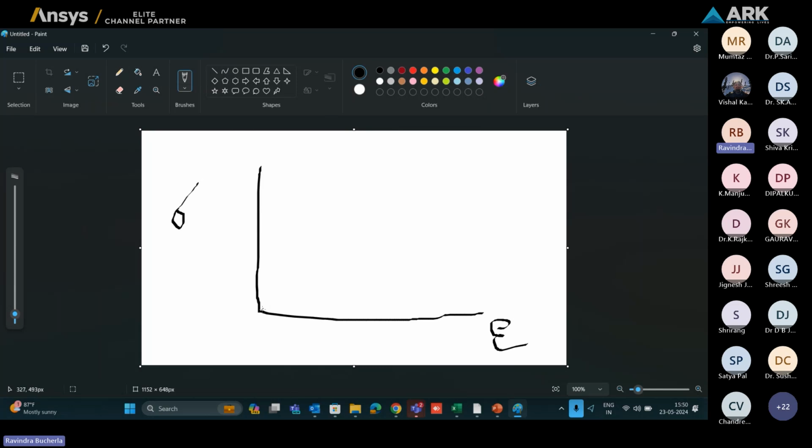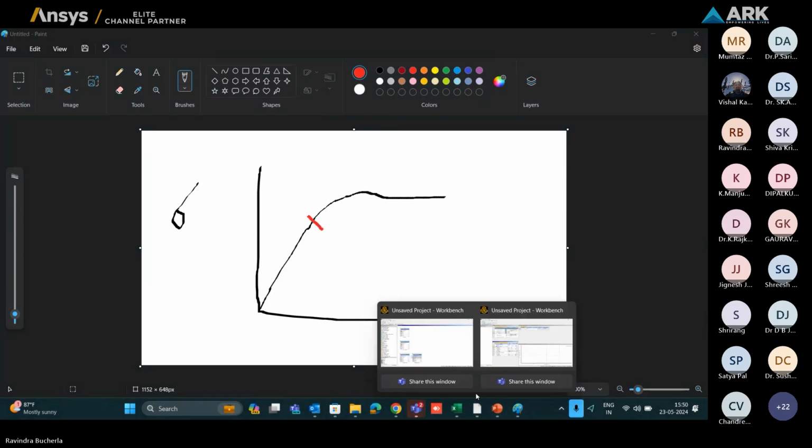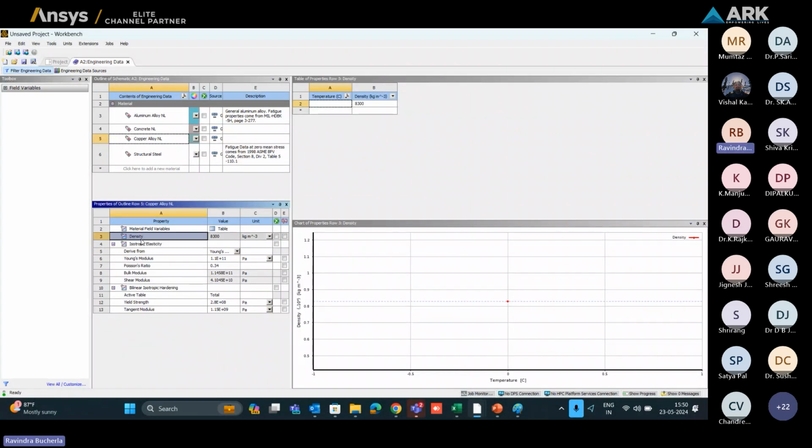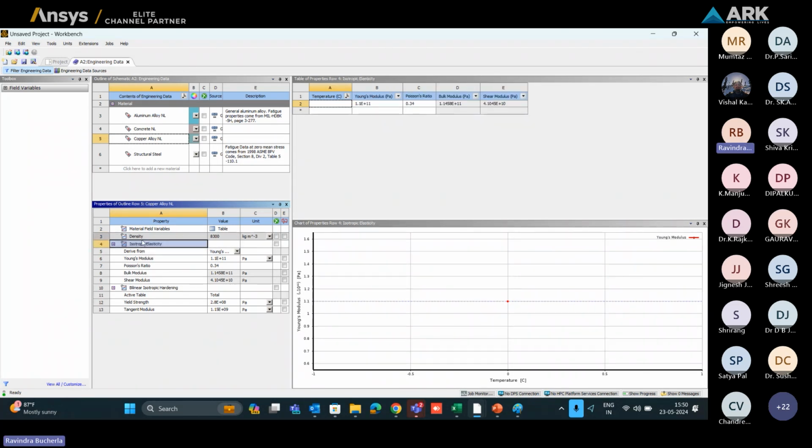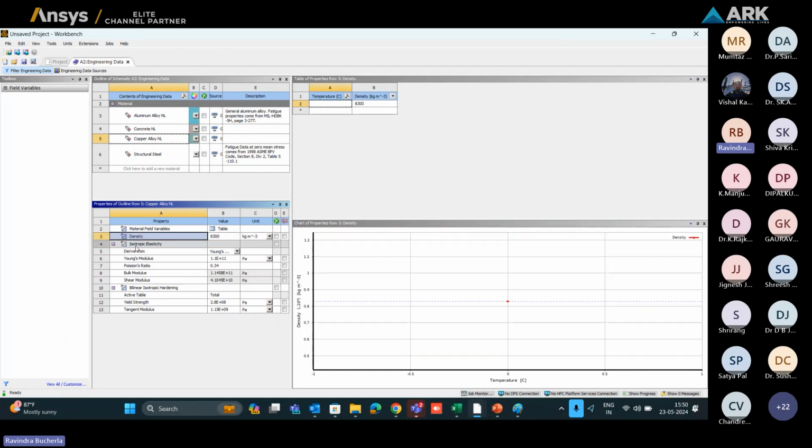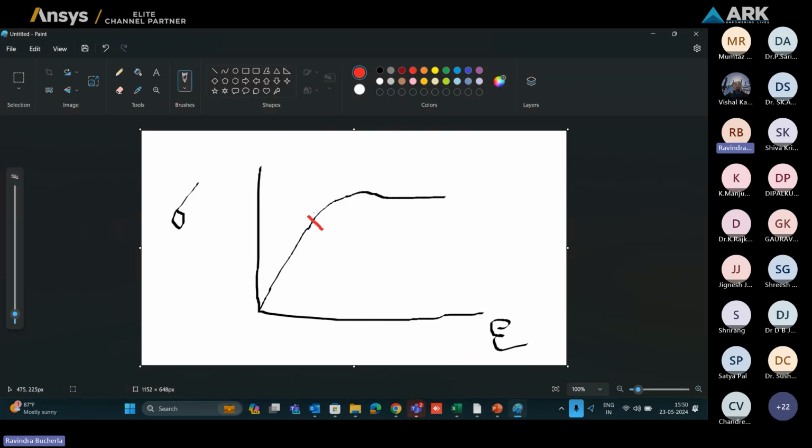The graph will be somewhere like this, or for different materials it might be different. So up to elastic limit, we will be considering the properties of density. Even for static analysis, if you are not using the standard earth gravity, there is no need to include density. And isotropic elasticity, these two properties, if you provide, that means we are giving the information to our analysis up to elastic limit.